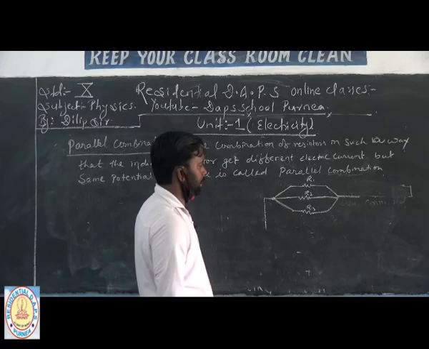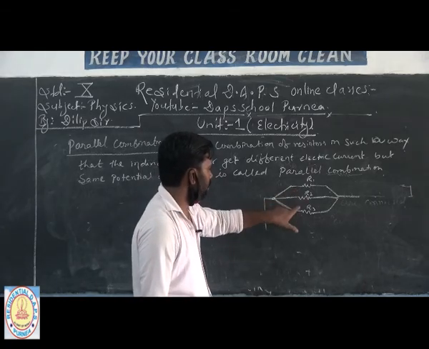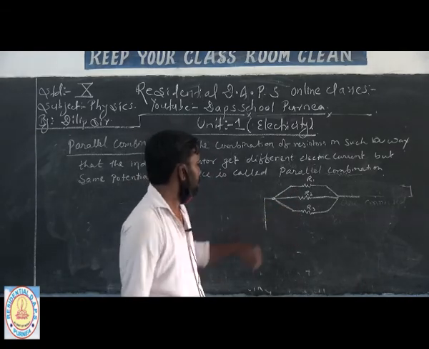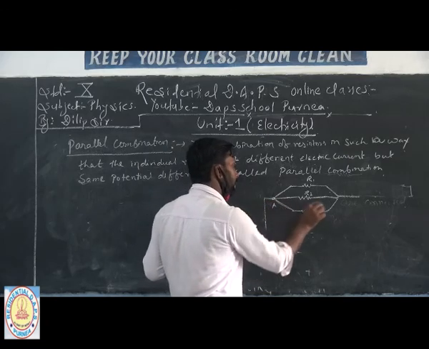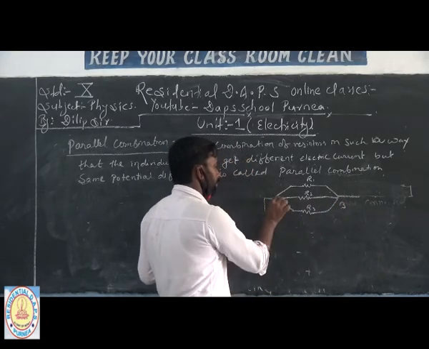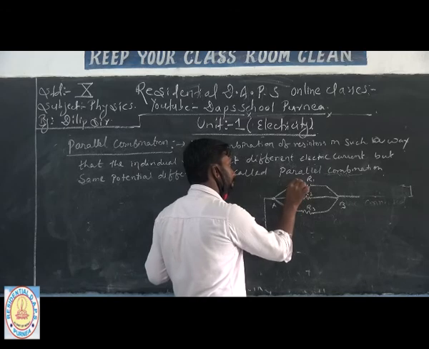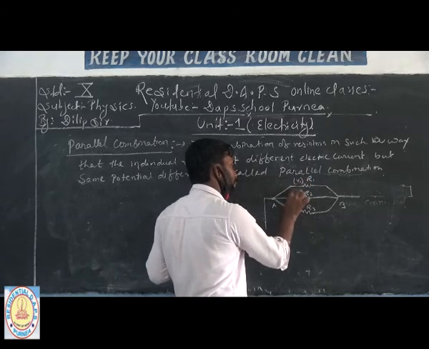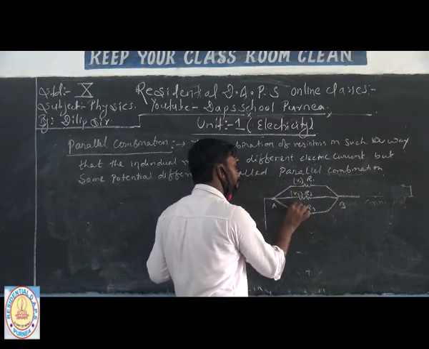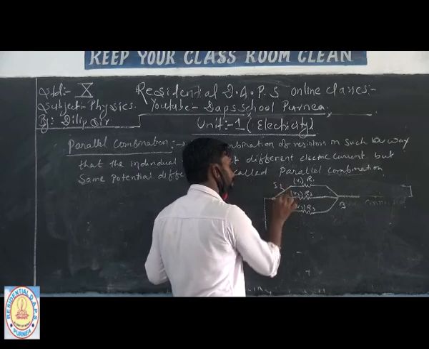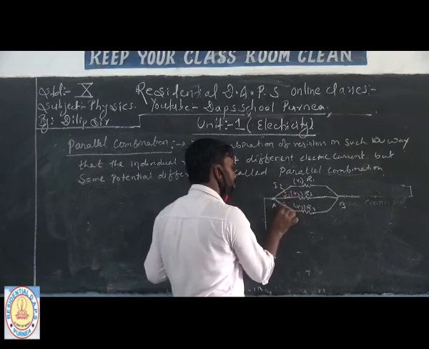This is the parallel combination because they all get the same voltage across A and B. The voltages are V1, V2, and V3. The currents are I1, I2, I3.